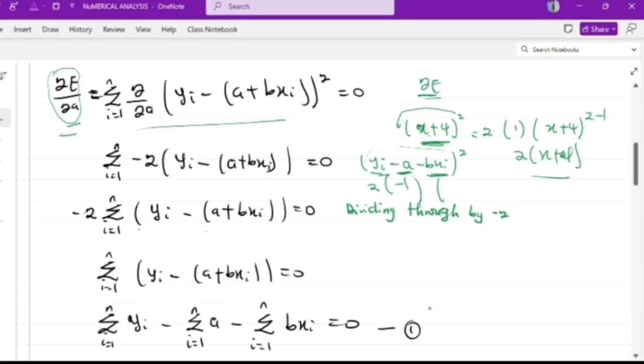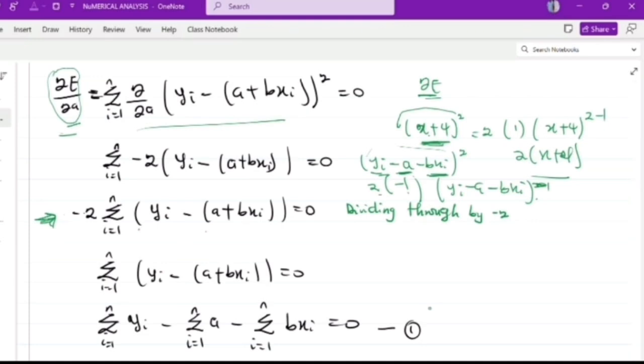Then I'll maintain the bracket again, minus a minus b x_i, then 2 minus 1, which is 1. So at the end I'm going to get negative 2 multiplying whatever is in the brackets. That's why we had this equation.